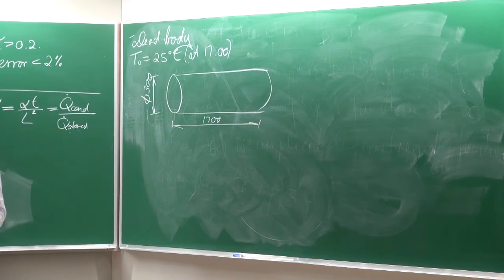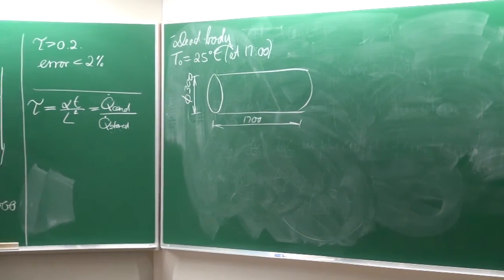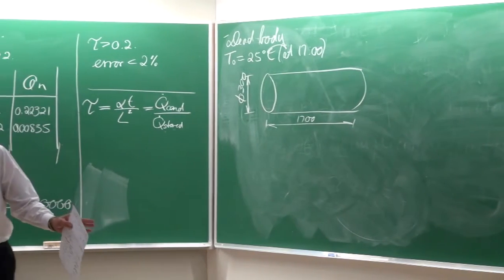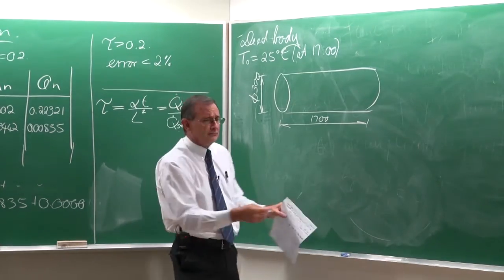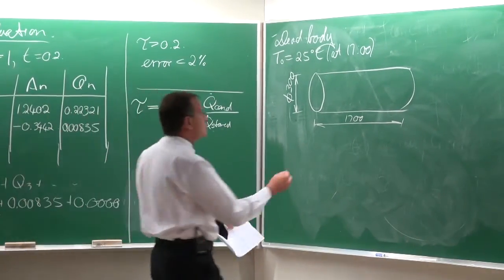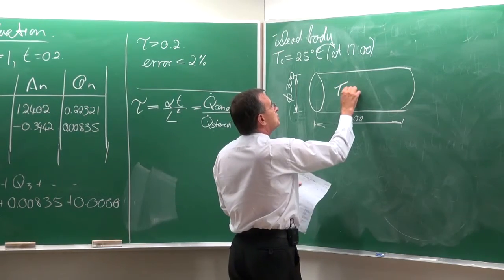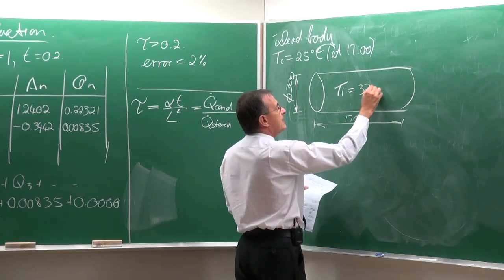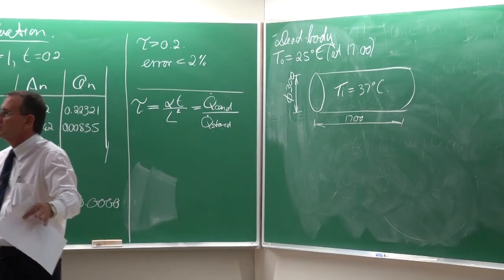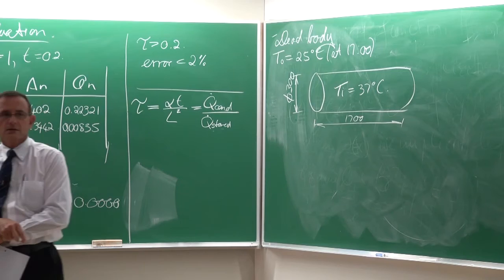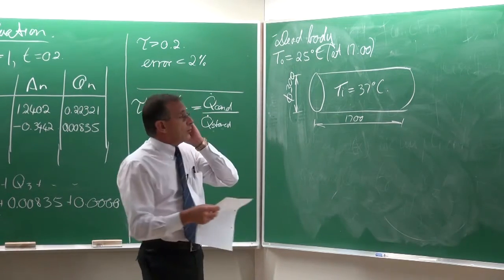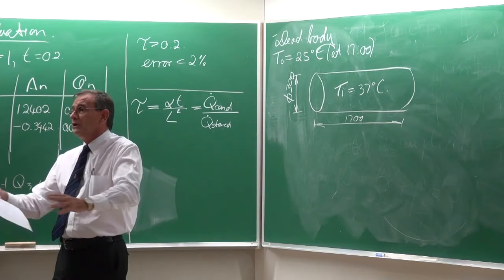From asking some questions, the people investigating this found that the person wasn't sick or anything like that. So most probably the initial temperature was 37 degrees Celsius, because most normal people have a temperature of 37 degrees Celsius. Do you agree? Okay.